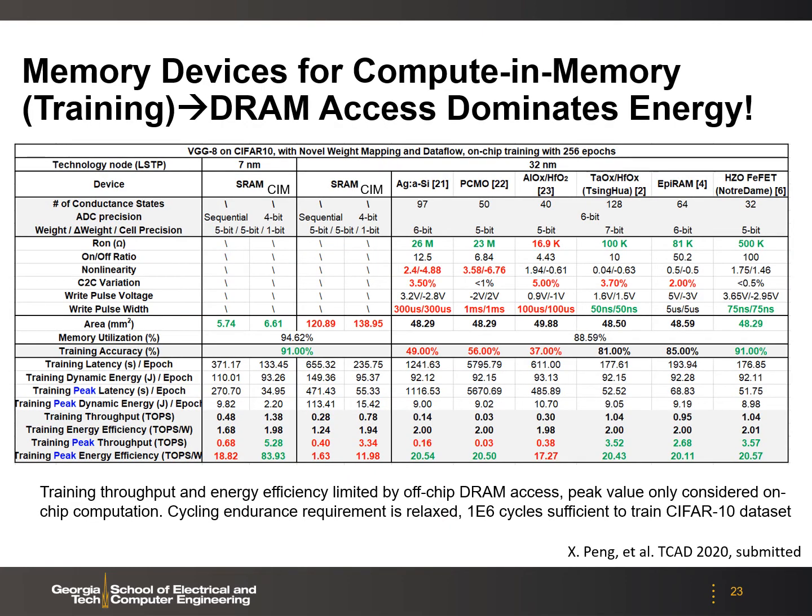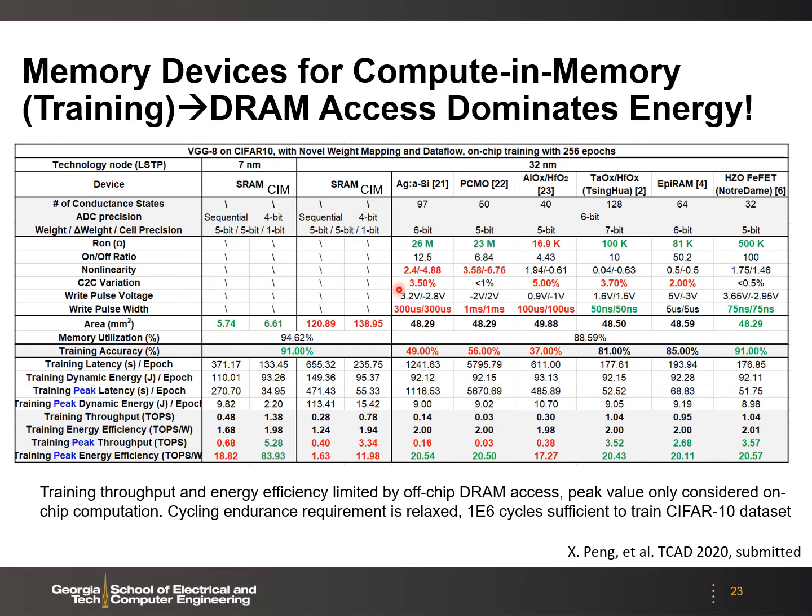Now let's consider the on-chip training scenario. Again, we show this benchmark table, but with more device non-ideal effects taken into account. For example, here we consider the nonlinearity, the cycle-to-cycle variations, and the training accuracy. Those are the data extracted from the literature.